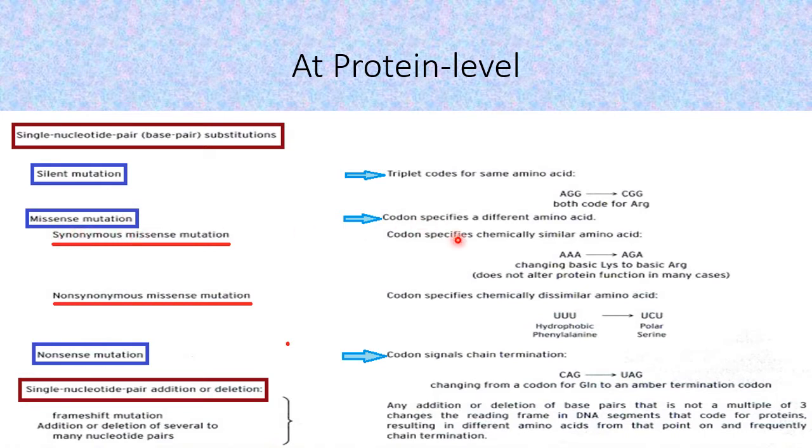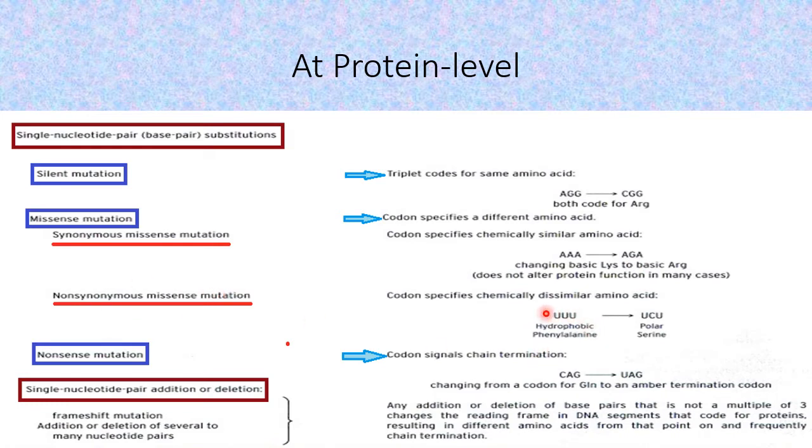That means because of the mutation, some other amino acid is being coded. If this other amino acid is chemically similar to the amino acid that is being replaced, like a basic lysine is being replaced by basic arginine, the central A is substituted by this guanine, such types of missense mutations are the synonymous missense mutations.